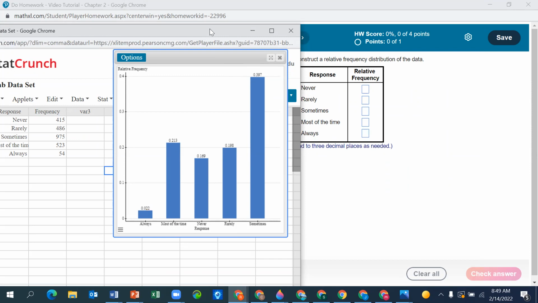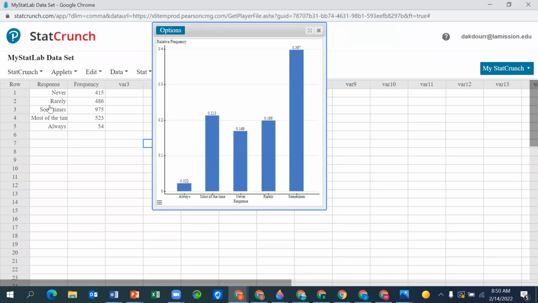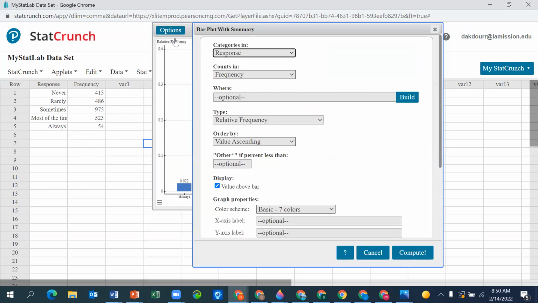Or there's another option. You can put the bars in the same order as we have it here. If you go back to the options here, click on edit, you can order, here they're saying by value ascending, you can order as in the worksheet, as we have it here.